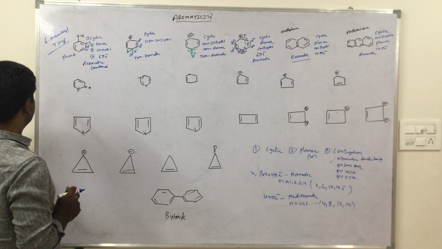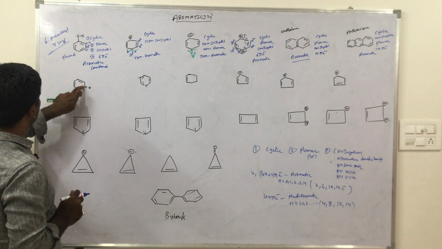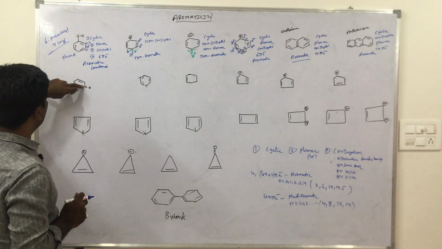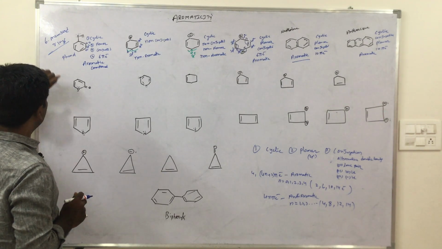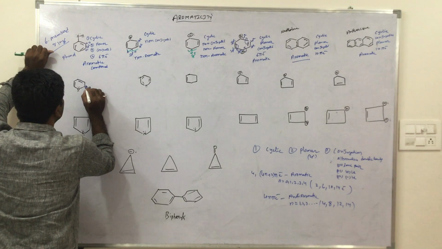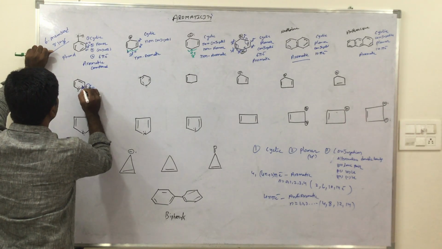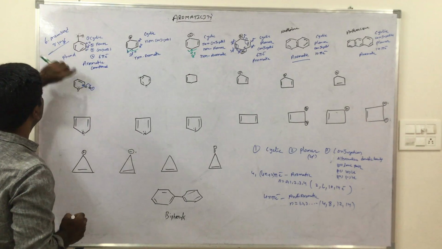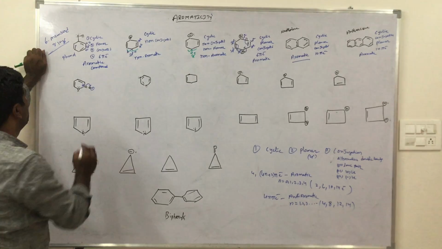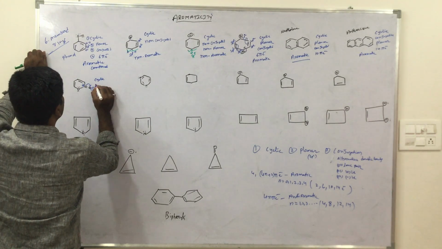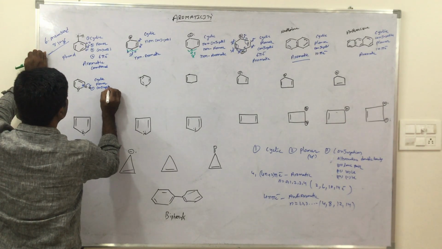Now see this one. This compound looks like non-aromatic. Why? Because here there is no pi bond and no negative or positive charge. But here I do something: bond migration from carbon to oxygen. So this has a negative charge, and this has a positive charge. This positive charge participates in aromaticity. This is cyclic, planar, and conjugation is present.